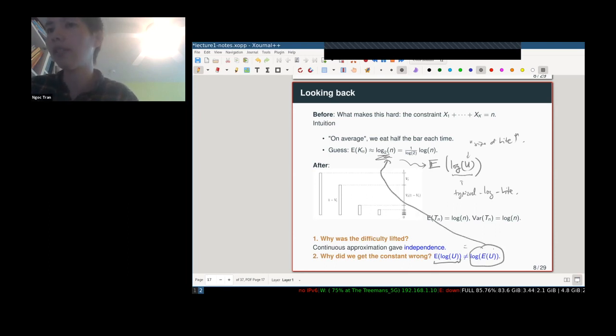Because the expected value is a half, and when I took log, I get log of a half. But the expected value of log of u, this is the typical byte. This is what ends up being that mu in the constant of the renewal process, right? So it turns out that all we're mistaking here is that expected value just doesn't commute with logs.